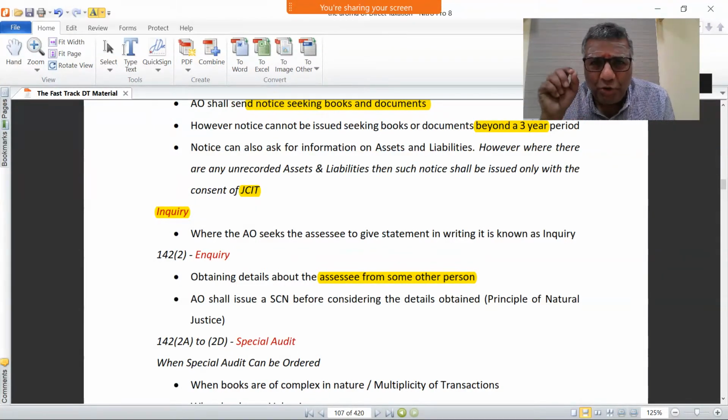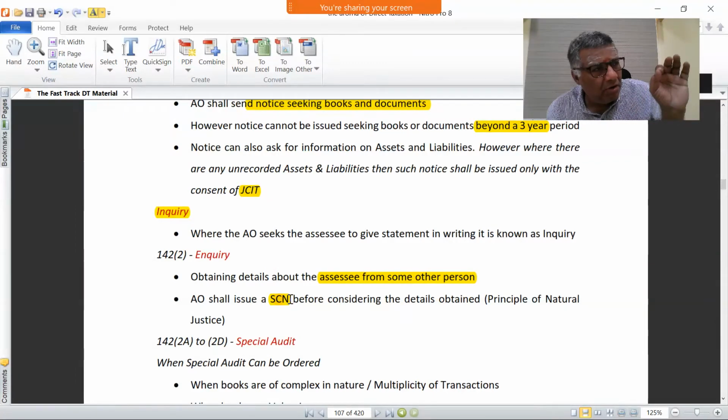How to give you that opportunity is by issuing a show cause notice. I give that opportunity. I will give you the show cause notice. The wordings will be so: from your customer accounts, I understand that the sales made by you is 90 lakhs.